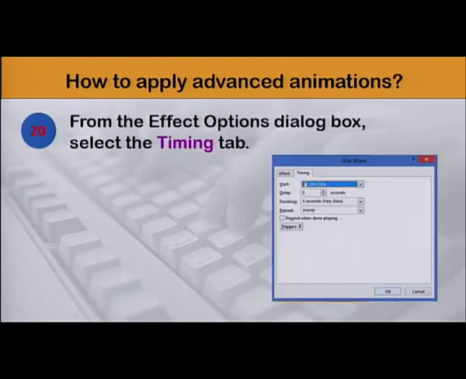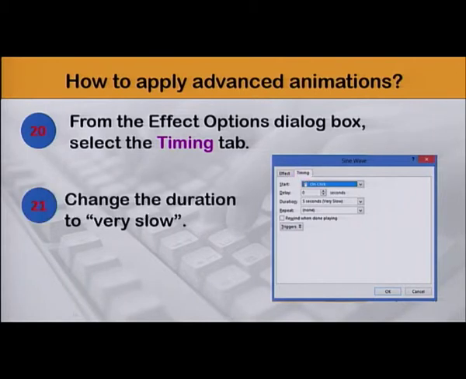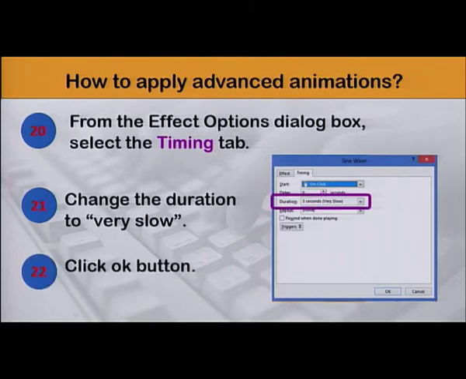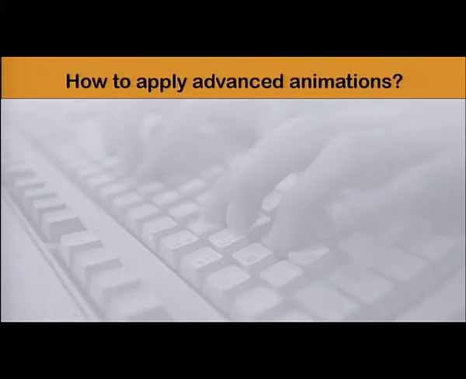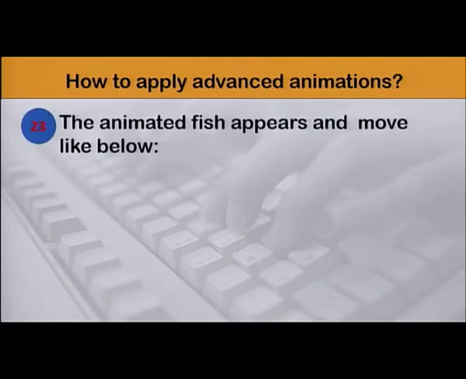From the Effect Options dialog box, select the Timing tab. Change the duration to Very Slow. Click OK button. The animated fish appears and moves like below.